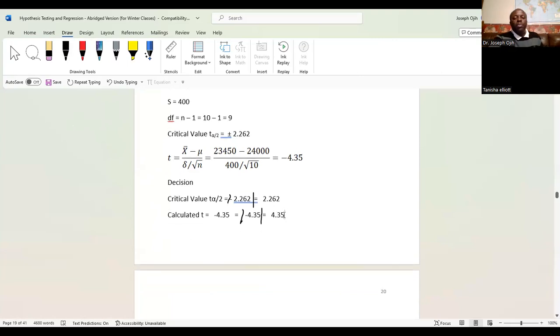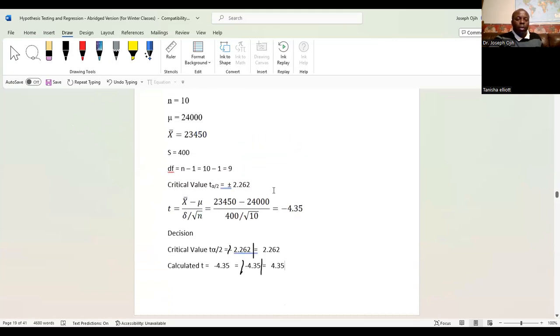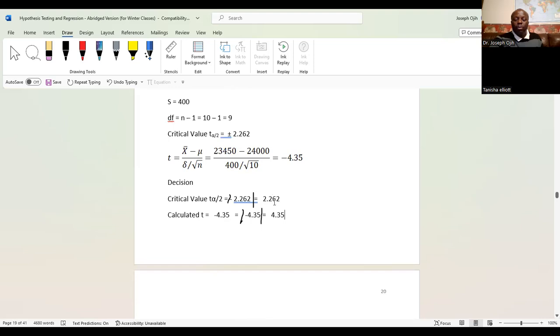So our answer is bigger than the critical value, so we reject. But before I do that, I want to show you why we're using the absolute value.